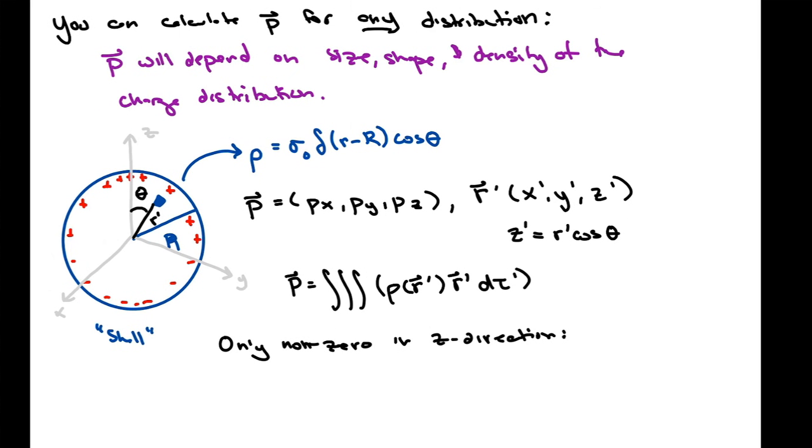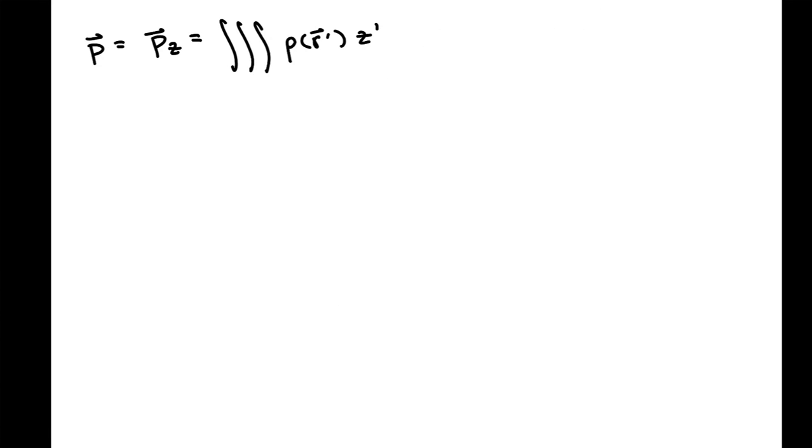Okay, so let's write out what that integral would look like. I'm just going to calculate the component of the dipole in the z direction, because that's going to be the total dipole. It's just going to be equal to the magnitude of the z component. Now, instead of having our r vector here, I can just have a z vector.